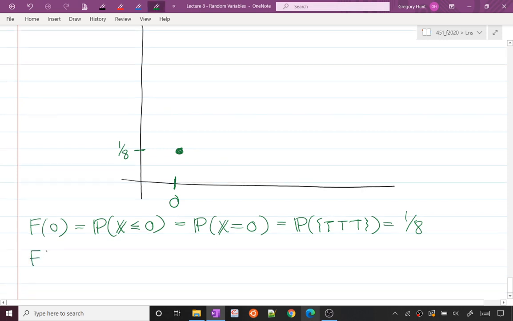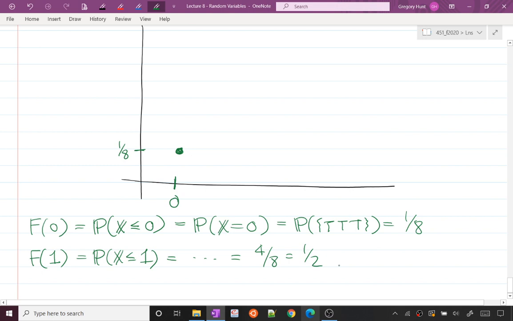Let's look at another number. Let's say F of 1. So this would be the probability that X is less than or equal to 1. So now we could have either 0 heads or 1 head. I'm going to skip all the intermediate steps, but you're going to get 4/8 or 1/2 at this point.